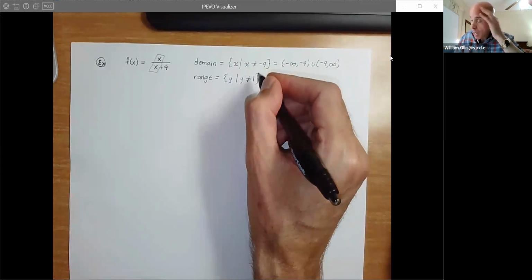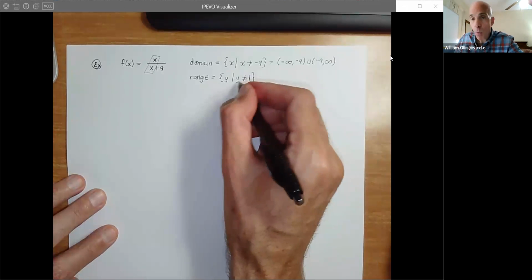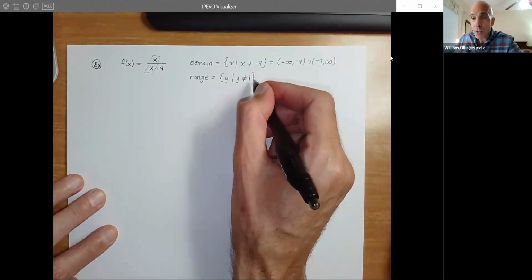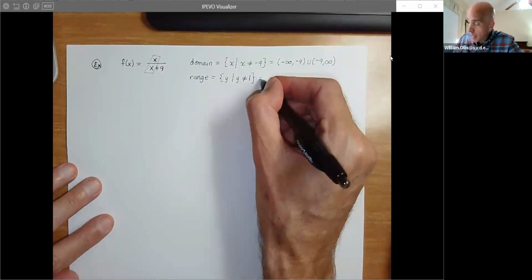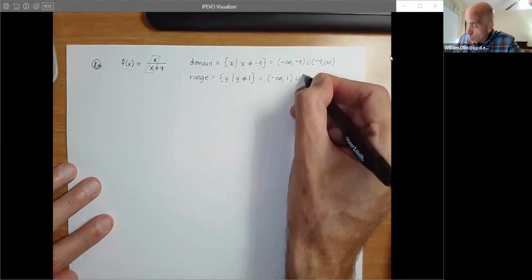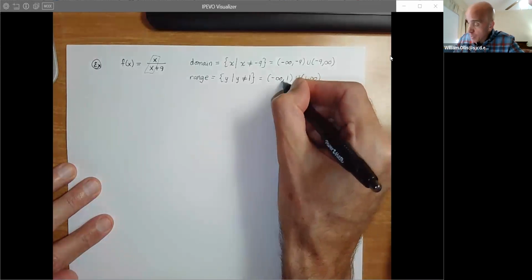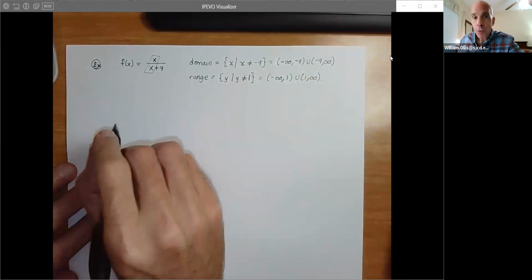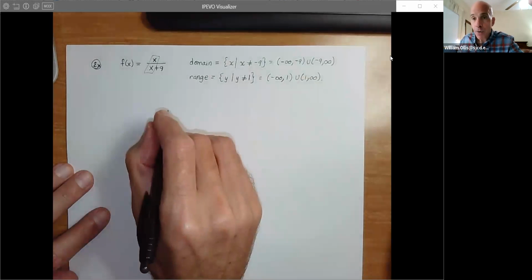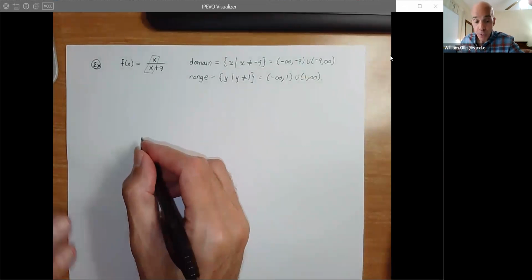The horizontal asymptote is y equals 1, and our proof shows that y never assumes that value. So we get -infinity to 1, union 1 to infinity. Like I said before, work through the problems where you evaluate functions, do as much algebra as you can stand. It will help you get better.